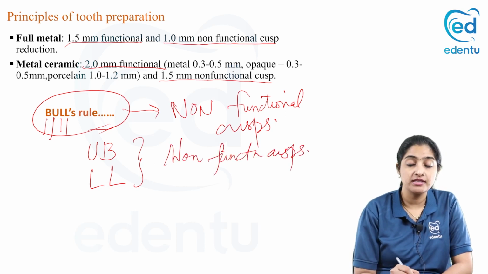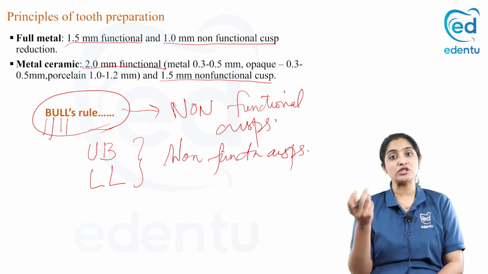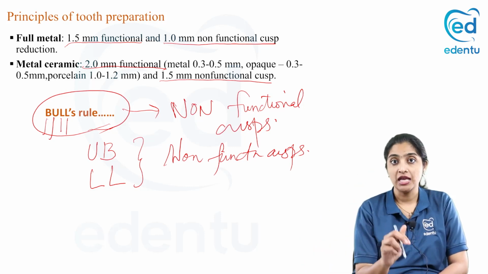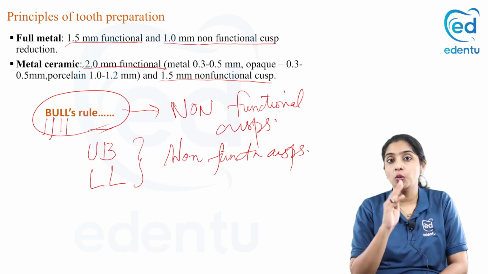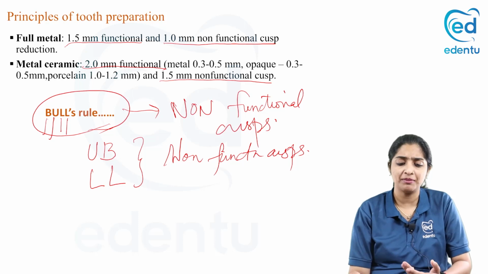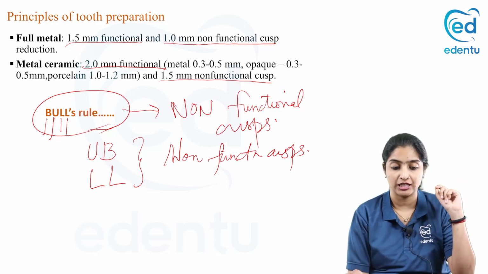That is why it is called the Bull's rule. So just keep in mind the Bull's rule: upper buccal and lower lingual are your non-functional cusps. So automatically your upper palatal and lower buccal will be your functional cusps.